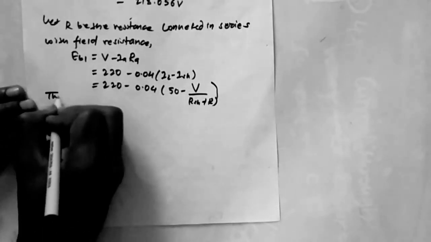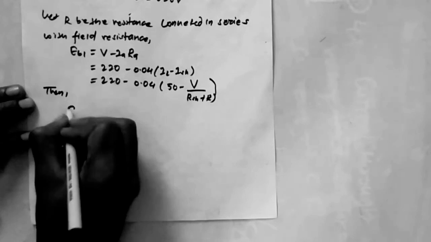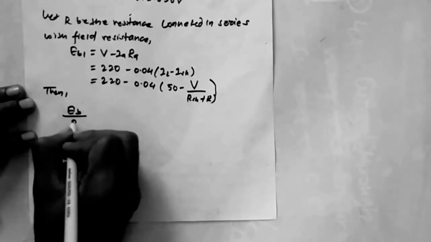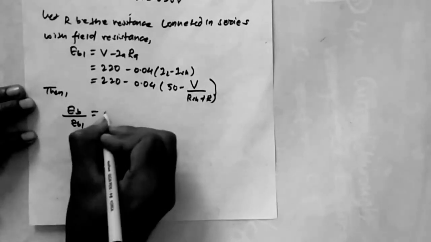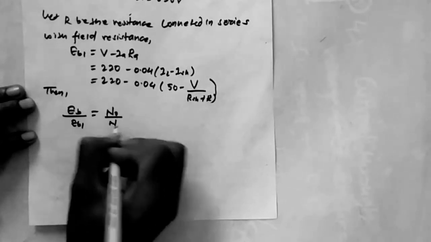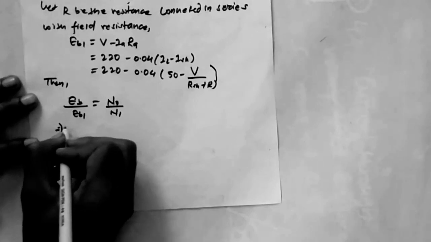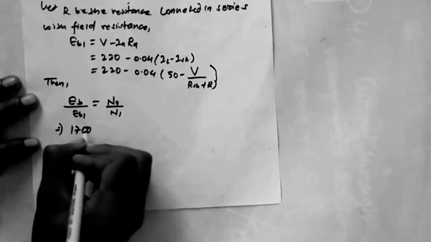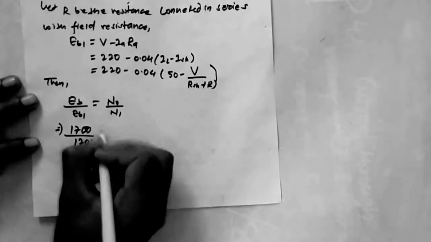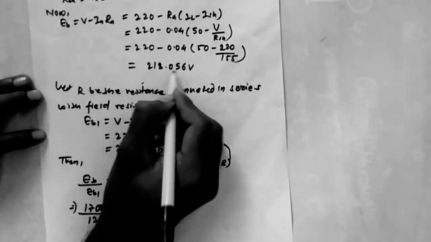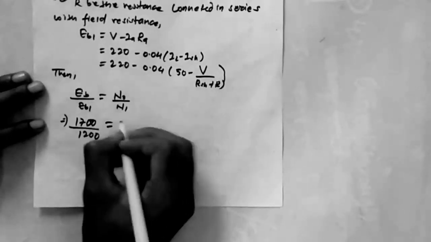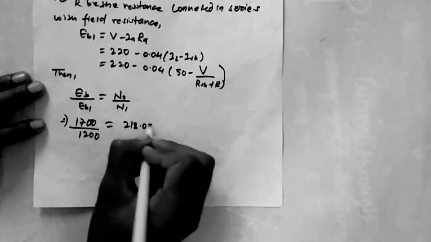Then we know the relation Eb upon Eb1 equals N0 upon N1. In place of N0 we have at no load 1700 given, and in place of N1 we have 1200. In place of Eb we have the calculated Eb equals 218.056, so 218.056 upon Eb1.